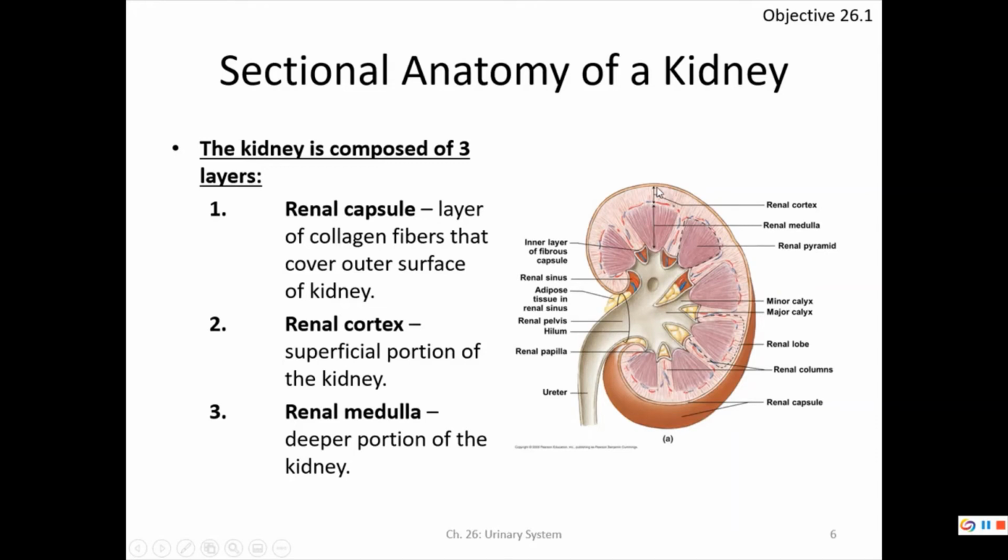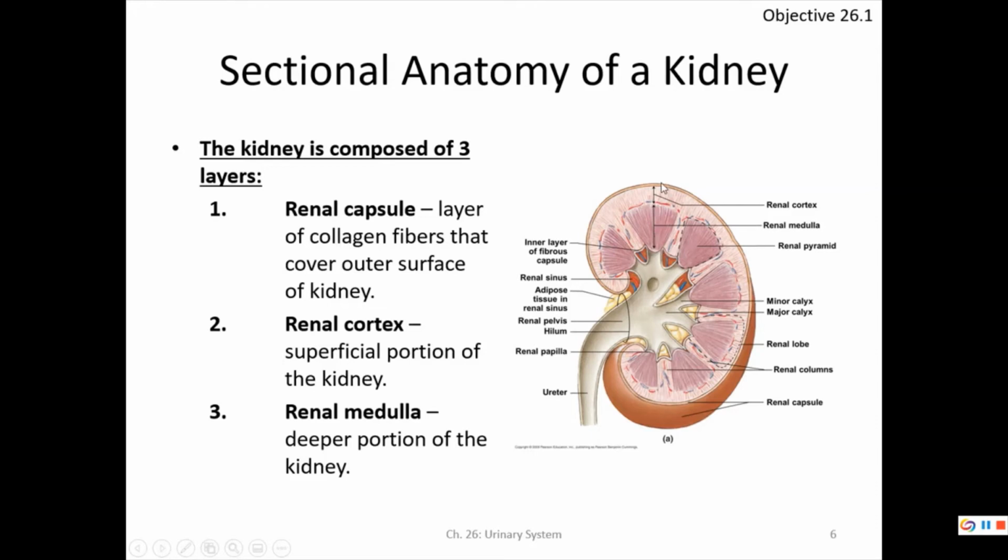The renal capsule is this superficial layer here, mostly collagenous, covers the outer surface of the kidney called the renal capsule. Sorry, I was pointing to the cortex with my mouse and didn't realize I can't do two things at once, apparently. Our renal capsule is this thin outer superficial layer, and then the renal cortex, which is the superficial portion of the kidney inside, and then the renal medulla.